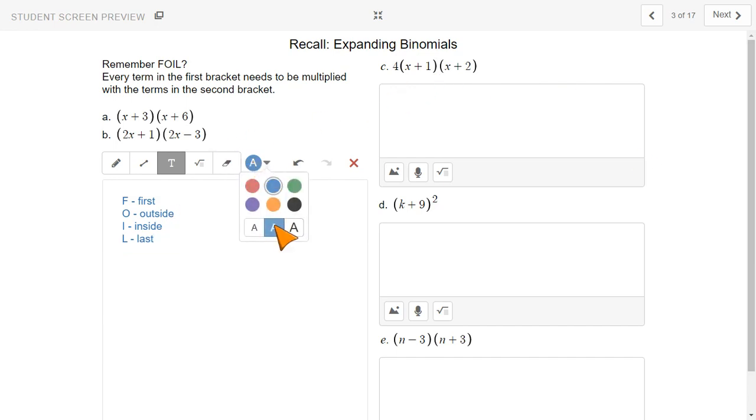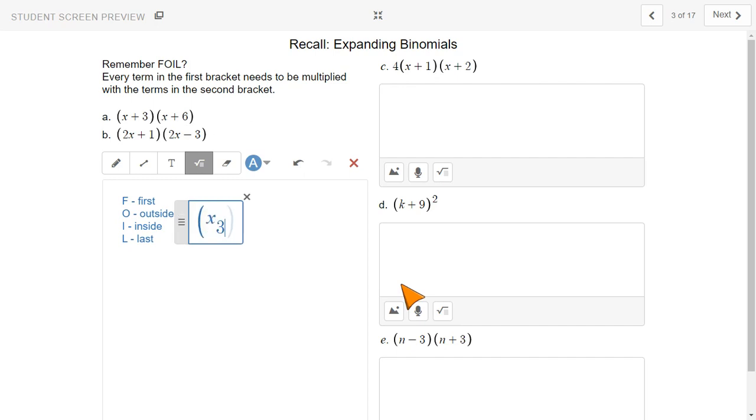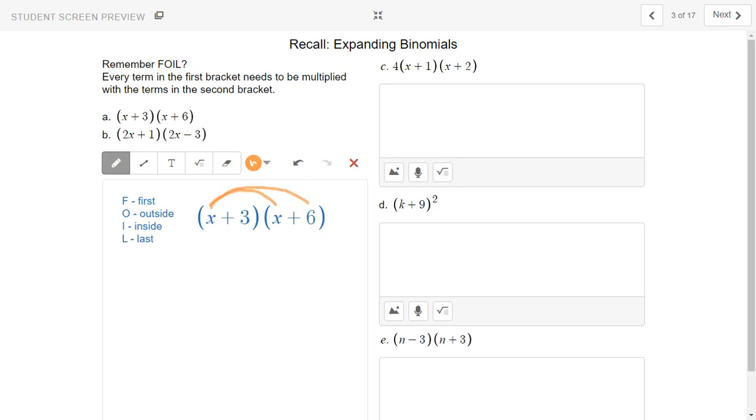Meaning when I have two binomials and they need to be multiplied, I'm going to take my first term, multiply everything in the second bracket, and then I take the inside term and multiply everything in the second bracket again.